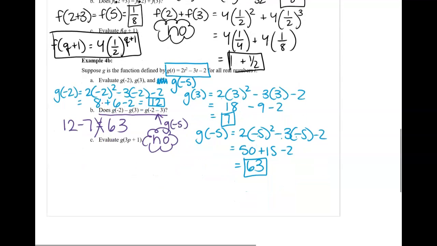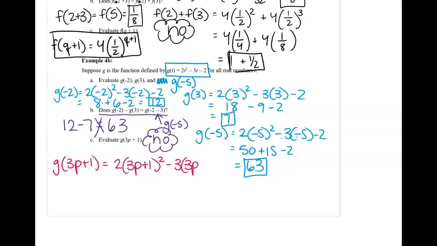For our last piece, we are going to evaluate g of 3p plus 1. So g of 3p plus 1, well, obviously you have a bunch of p's in there, that's okay, is 2 times 3p plus 1 squared minus 3 times 3p plus 1 minus 2.